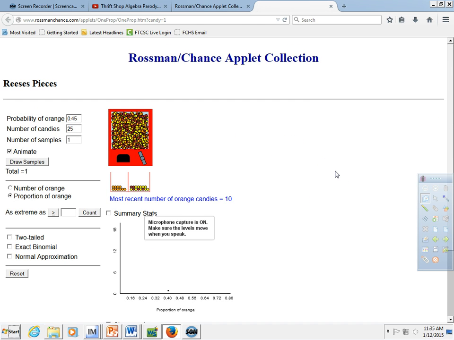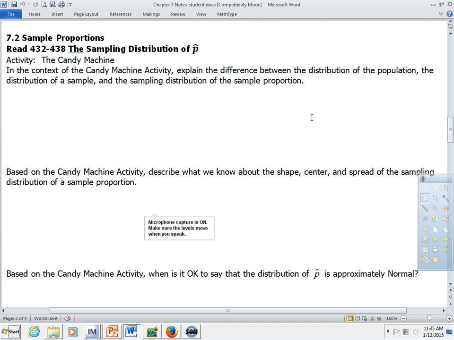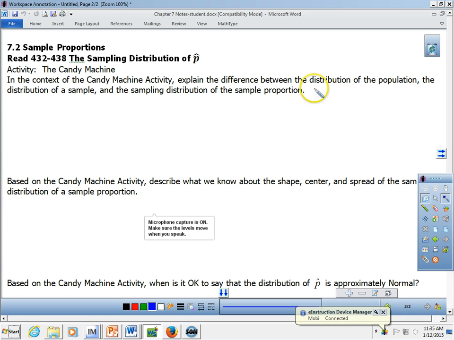Now, the first question in your notes is to describe, in the context of the candy machine, the difference between the distribution of the population, the distribution of the sample, and the sampling distribution of the sample proportion. We can fill that in as soon as everything gets up and running here. The distribution of the population is represented by the candy machine.